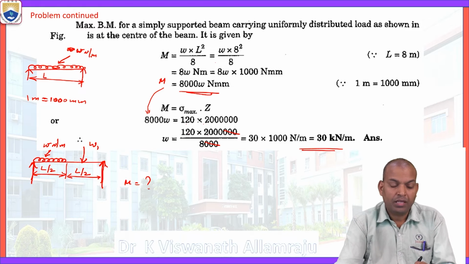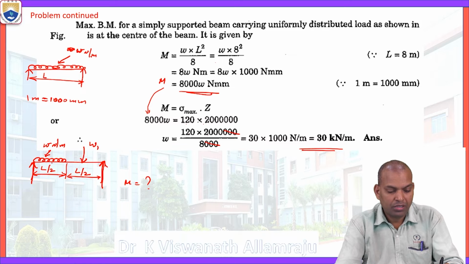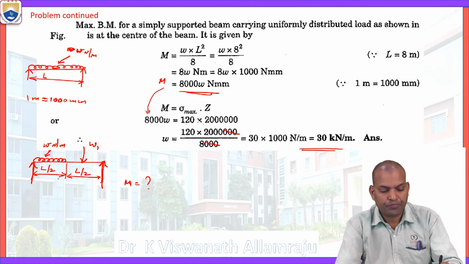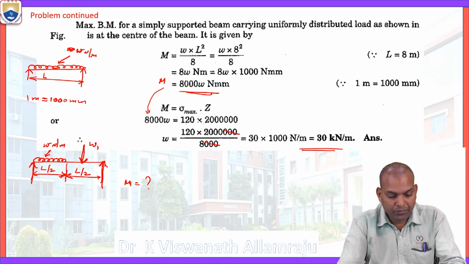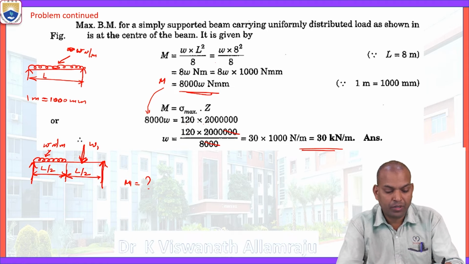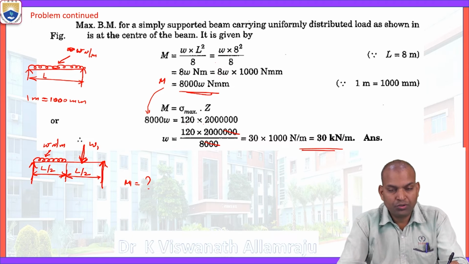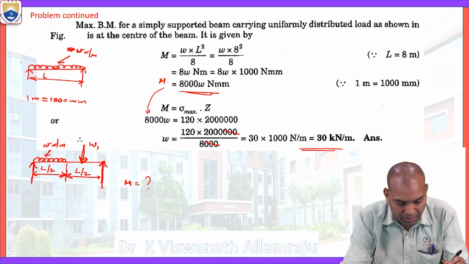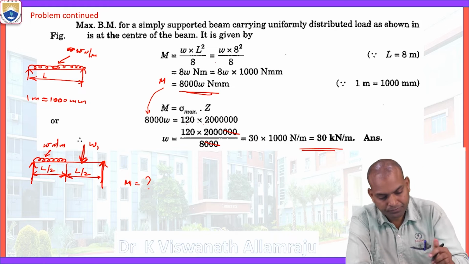Then you have to solve the equations and calculate the bending moment value in terms of w or whatever value it comes. But we don't have a direct formula. We have to derive the formula, which gives the maximum bending moment value and where it will be maximum. If it is a UDL throughout the span of the beam, the bending moment is maximum at the center of the beam.